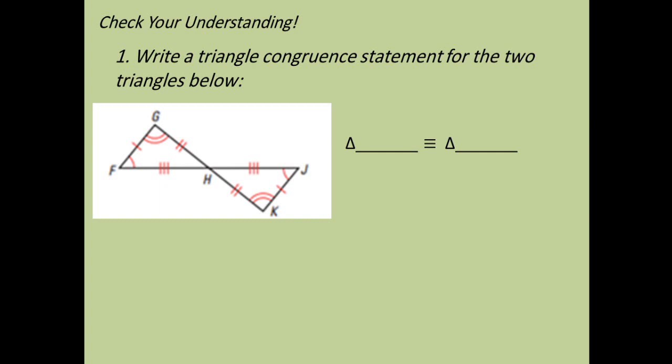The same sign of G in K. G and K have the same sign. So the triangle FGH, F corresponding to J, then K, yes, J, K, H.